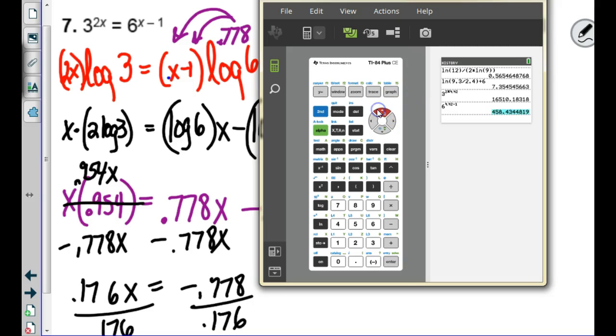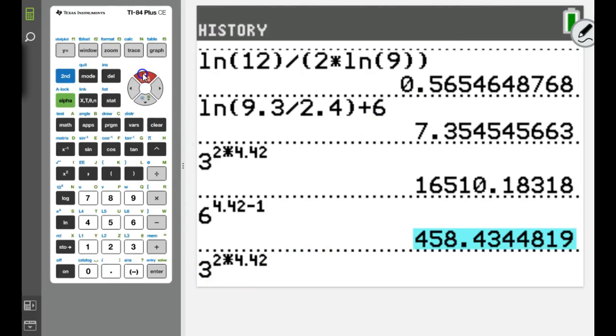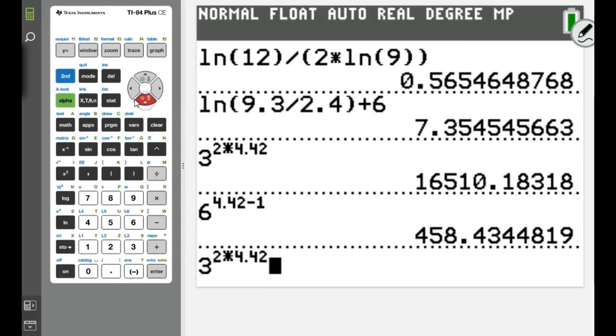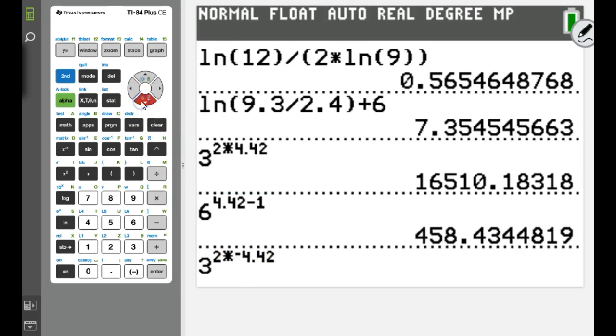Okay. If I go back up here and I type it as a negative, and if I go back up here, okay, dummy, you didn't hit enter.